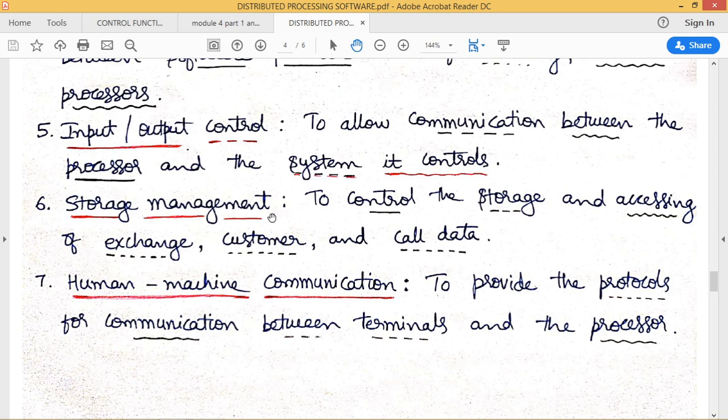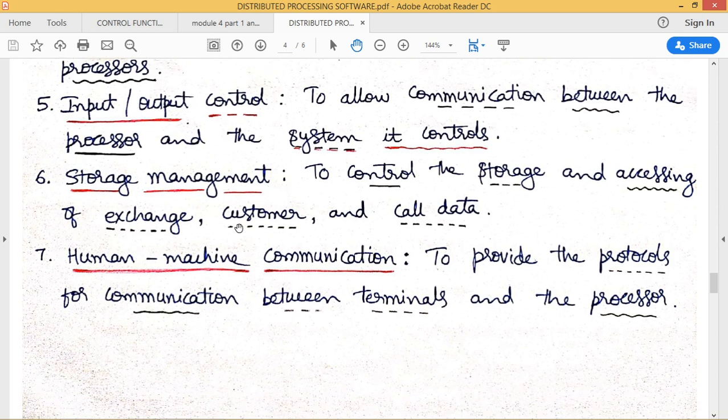With respect to storage management, we will write certain application programs. Similarly, an exchange must be dealing with human machine communication between the end user and the exchange.